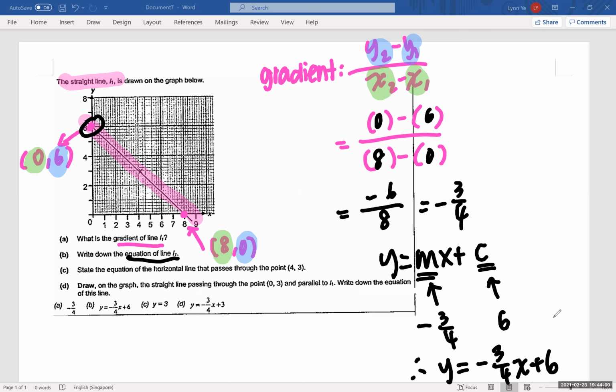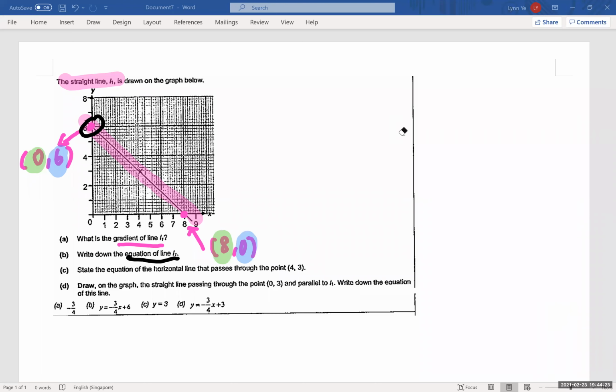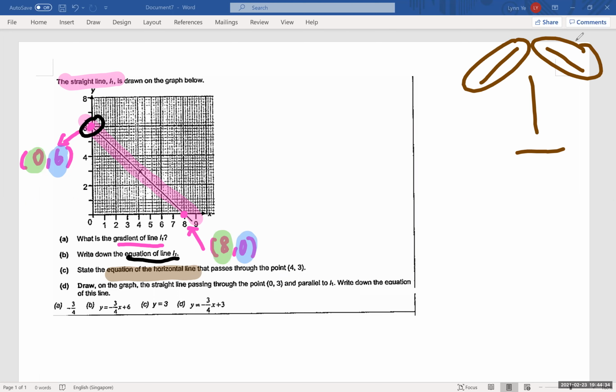Next up, let's do C. Now for C, they want to find the horizontal line. So let's do a recap again. There are only 4 kinds of lines. This is called a diagonal line, this is called a vertical line, and this is called a horizontal line. That means it's referring to this one right here. A horizontal line always has a particular format. The format will always be y equal to something, right?